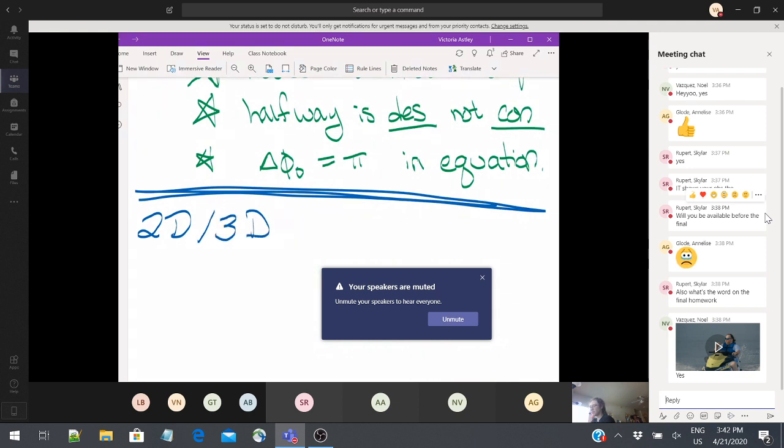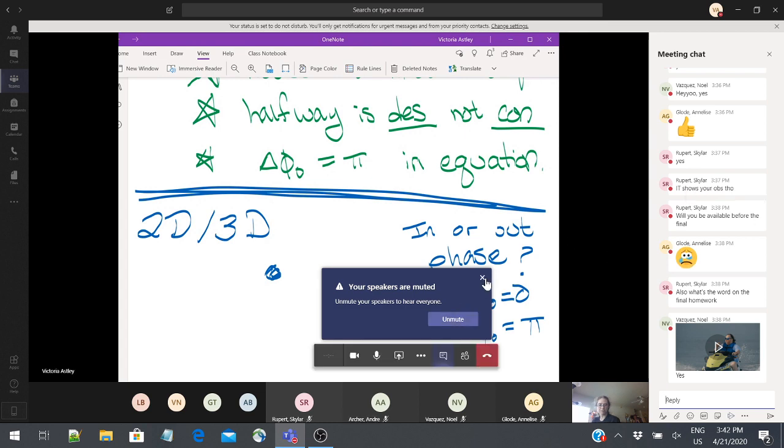You have your sources. You need to know, are they in or out of phase? Meaning, are they generating crests at the same time, or is one generating a crest when the other makes a trough?